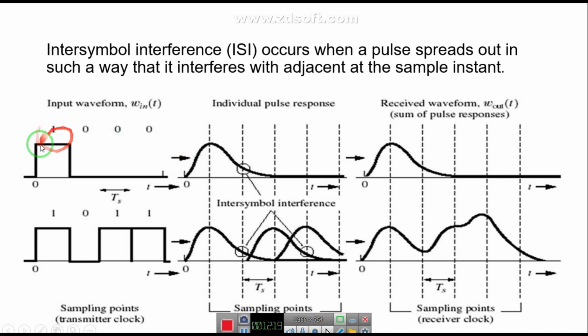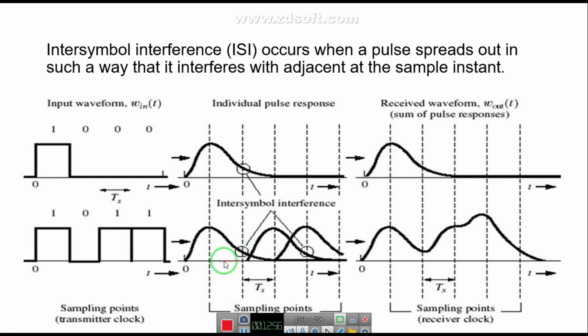The response of this is like this, see, it is going to extend the duration of this T. This is your T, and this is the received waveform of it. Now, if the data is 1 0 1 1, then this is the response of the first pulse, and after that it is a 0. But you can see this pulse is going to cross over the duration of its own.